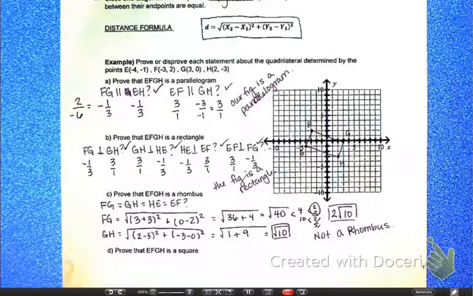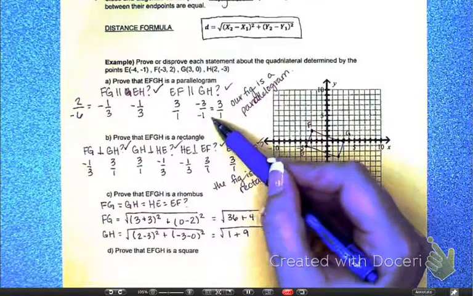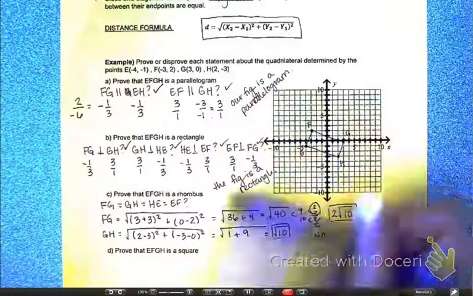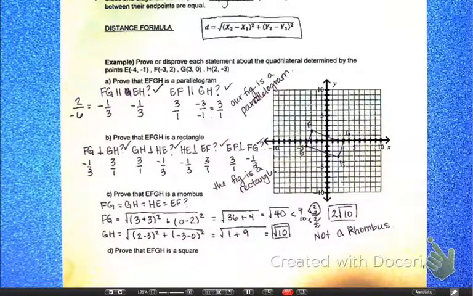Okay, so let's talk about what we would have to do to show it's a square. Where would we start? What's the first thing we would do to show it's a square? Both pairs of opposite sides need to be parallel. We already showed that, right? What else does a square have? Right angles.